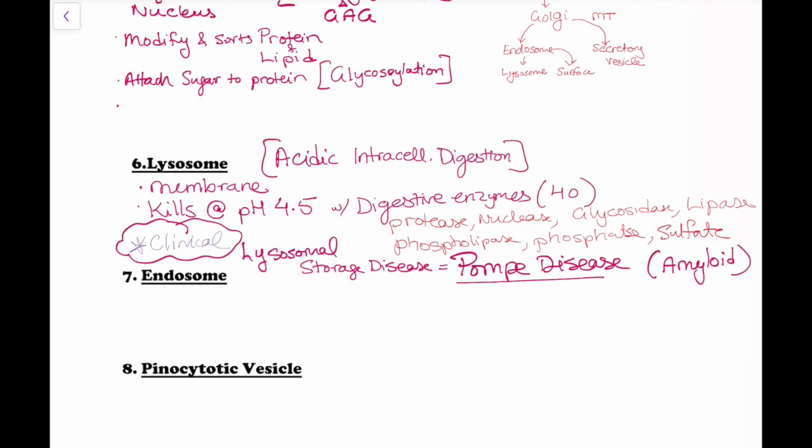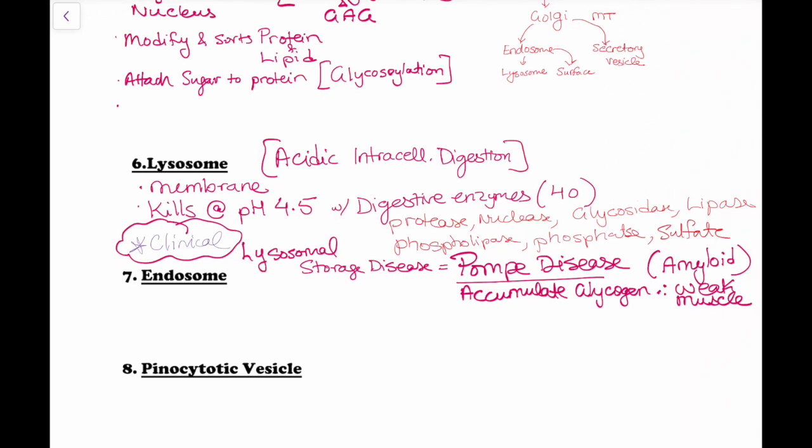What happens is that you're deficient in lysosomal alpha maltase, and you accumulate glycogen. Therefore, you have weak muscles. So if someone has weak muscles, Pompe disease due to lysosomes, and so on and so forth.